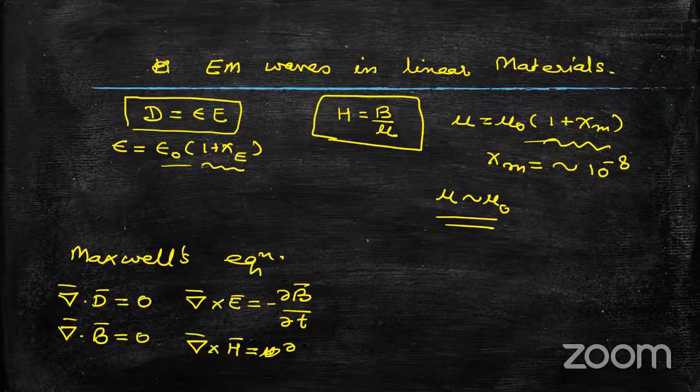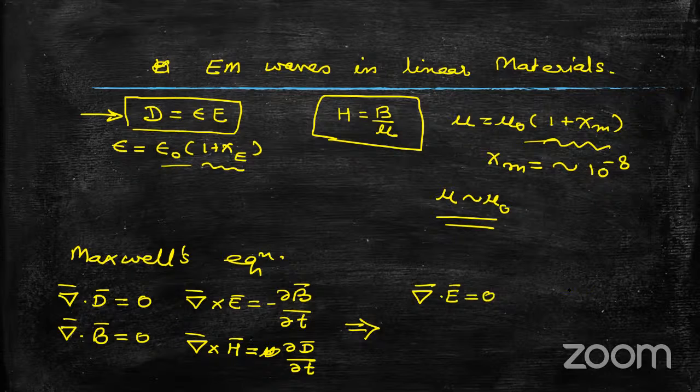This is clear, and they give us, suppose we write this in terms of D and H, if you substitute D, you will get del dot E equal to 0.